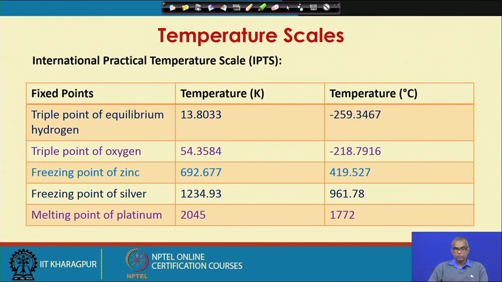So, here there are some more fixed points. These are recommended by the international practical temperature scales. Fixed points: triple point of equilibrium hydrogen, triple point of oxygen, freezing point of zinc, freezing point of silver, melting point of platinum. Corresponding temperatures are given in Kelvin and Celsius.